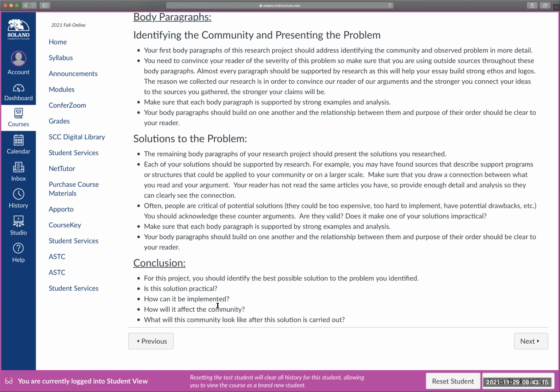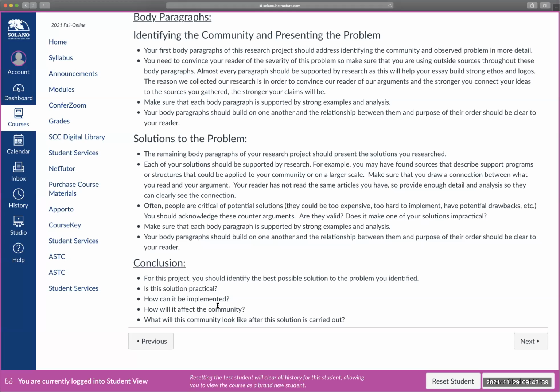Sometimes solutions are very complex. It takes more than just one group doing something. Maybe it's a whole mindset change for people, right? So really think about how practical it is. How can this solution be implemented, right? Maybe it can be implemented by members of the community working together.